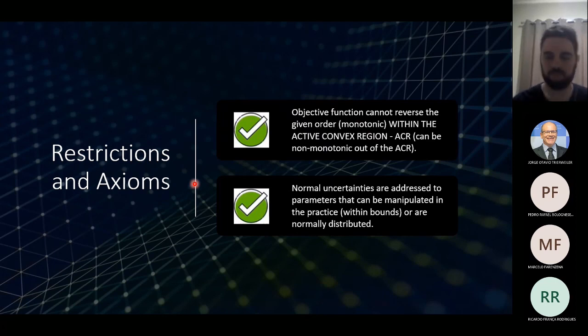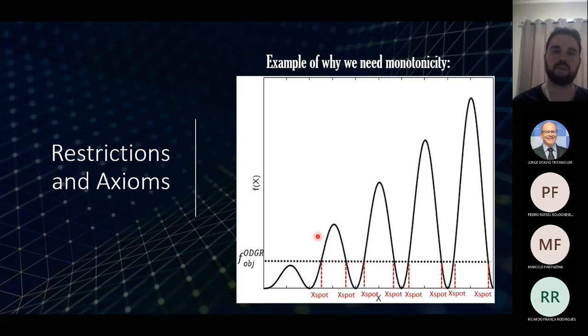And if it is not normally distributed, something in life will be normally distributed. You just say, okay, I'm going to put it to be normally distributed because I have the power to manipulate it within bounds. That's basically that.